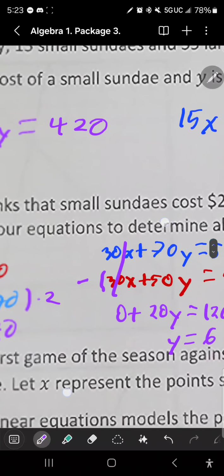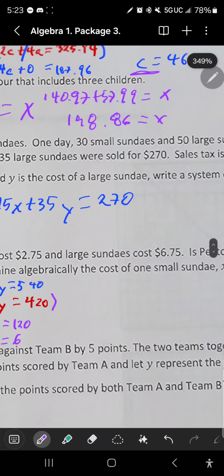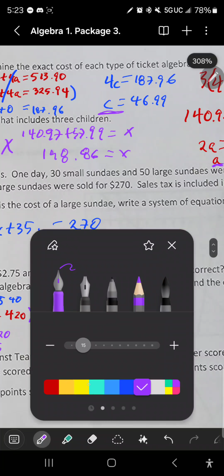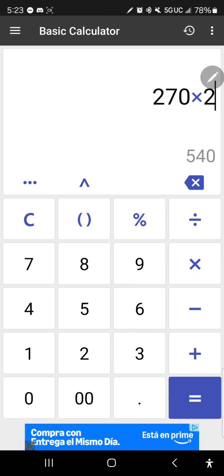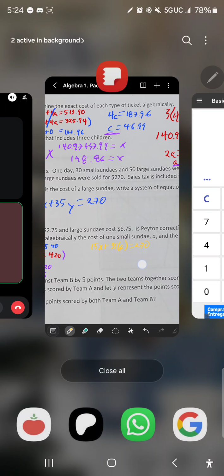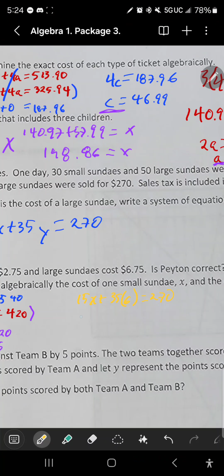Now, to know the value of x, I can use any equation from before. So I would say that 15x plus 35 times 6, because y is equal to 6, equal to 270. So 35 times 6 is 210.